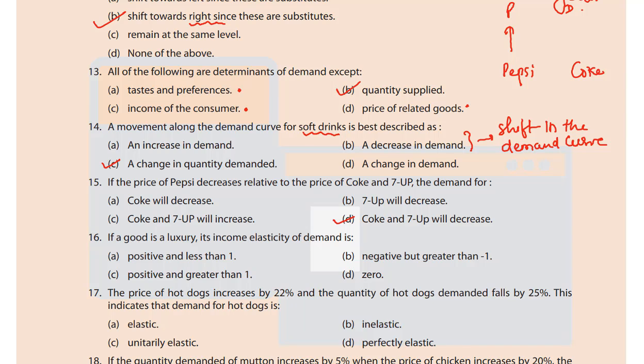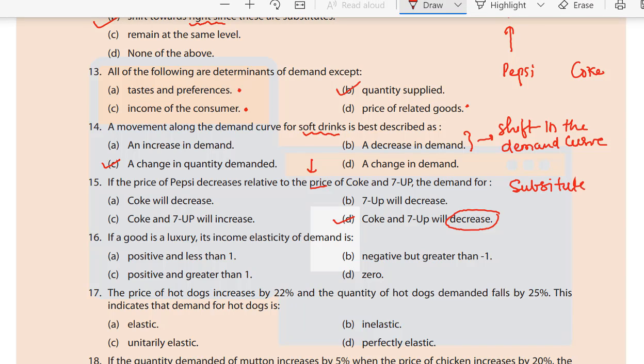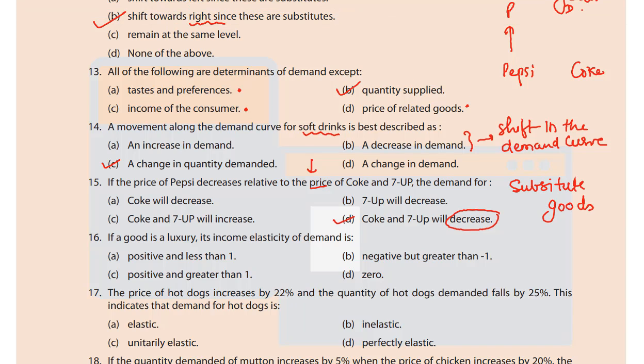Try and understand one more time. If the price of Pepsi is falling, the demand for Coke and 7 Up will decrease. Why? Because they are substitute goods. Understood?